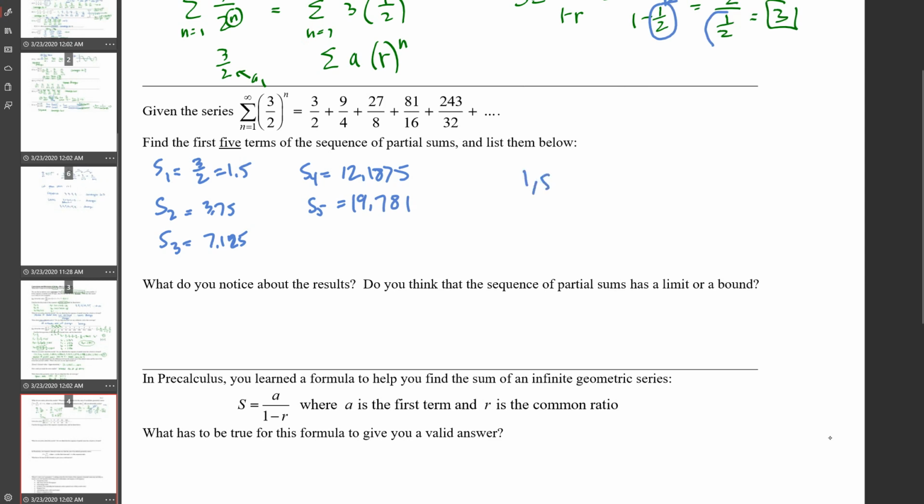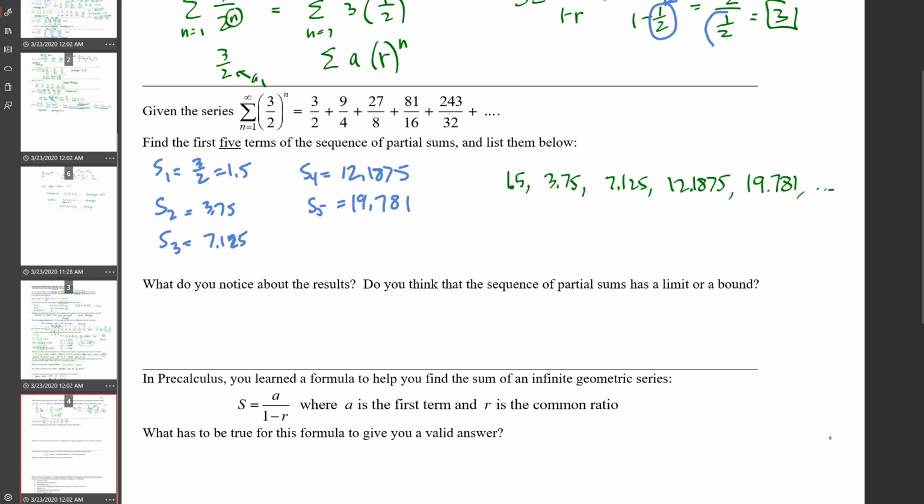So let's look at the sequence of partial sums. The sequence of partial sums here is 1.5, then 3.75, then 7.125, then 12.1875, then 19.781. Does this sequence of partial sums converge or diverge?